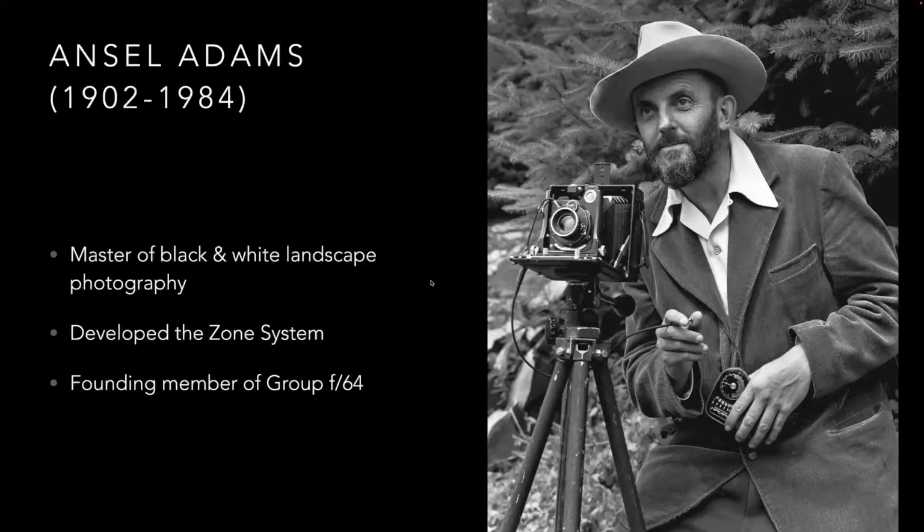Not just landscapes, but very well known for photographing the national parks, especially Yosemite and Yellowstone and the parks out west. He developed the zone system, which some people may know of, which was an exposure technique. I'll go into a little bit about that and how it relates to modern photography. And he was a founding member of the Group F64, which is an aesthetic.